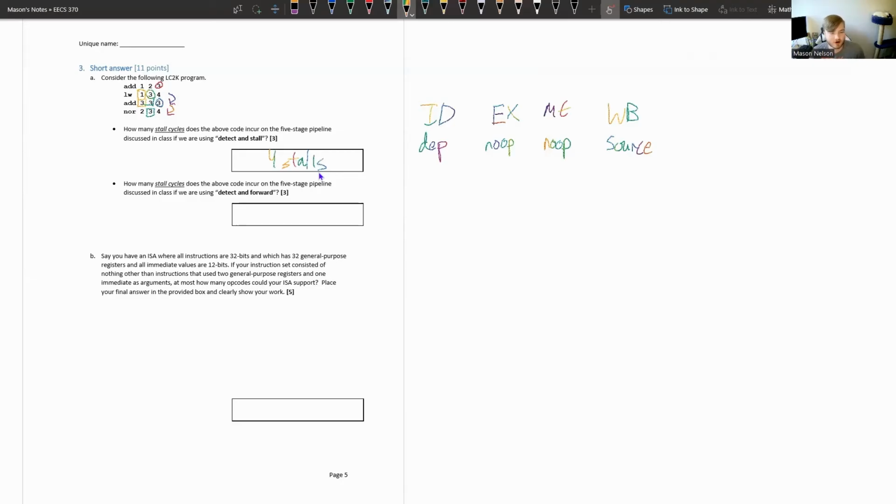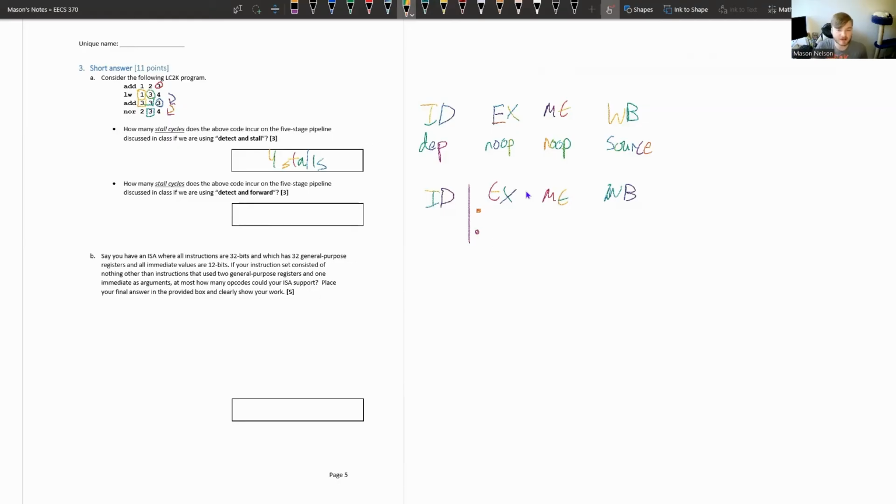Now for detect and forward, we only worry about inserting stalls whenever we have an LW followed immediately by a dependent instruction. And here's why. With detect and forward, we have our decode, execute, memory, and write back stages. We really only need the value of the source instruction at the beginning of the execute stage so that it can pass through the ALU.